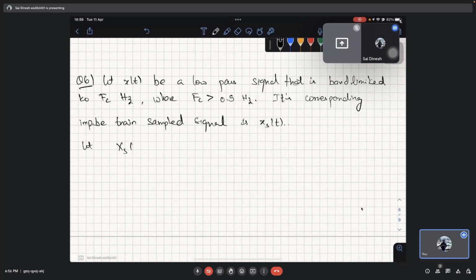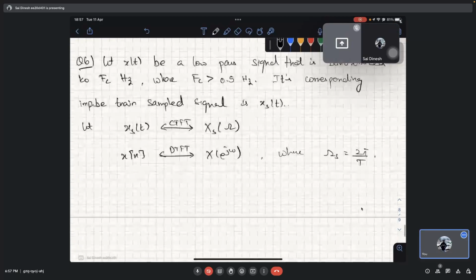Let xs of t have a continuous time Fourier transform xs of omega, and the digital signal x of n have DTFT x e power j omega, where omega is actually 2 pi by T. So what happens?